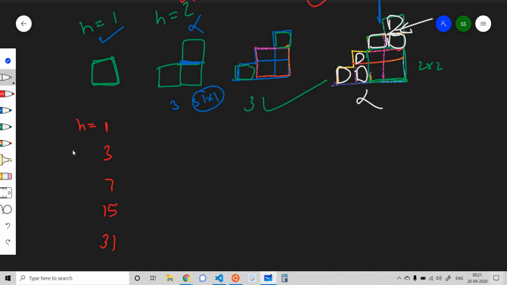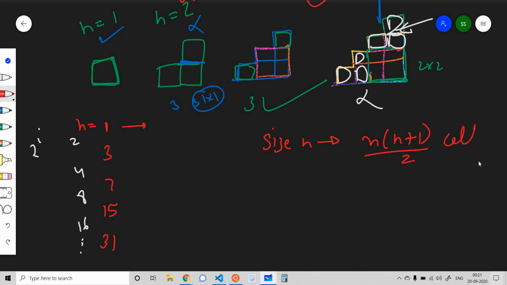If you see, there is a pattern here, as the differences between these sizes are 2, 4, 8, and 16, so you can see 2 to the power i. To build a staircase of size n, we require n into n plus 1 divided by 2 cells.